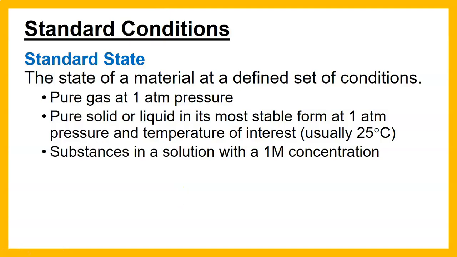Standard state is important because that allows us to know for sure what temperatures and what pressures were being used. When we look in those appendices, we want to make sure we're comparing apples and apples, not apples and oranges, right? So they're just what people agreed would be the standard state of a material.